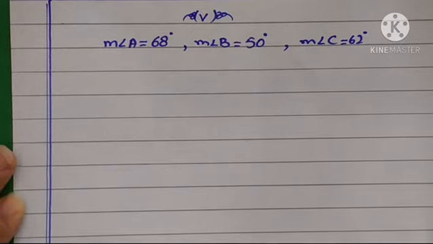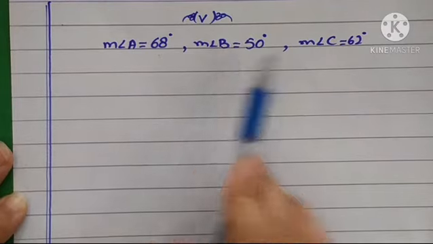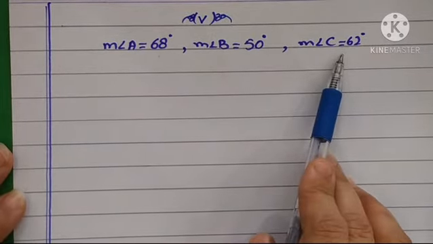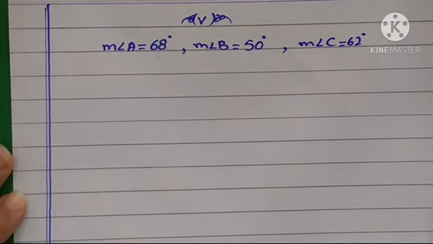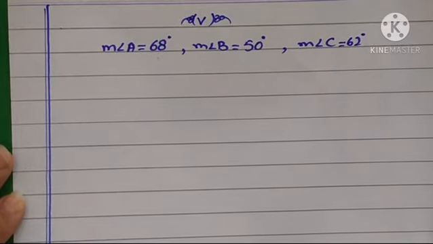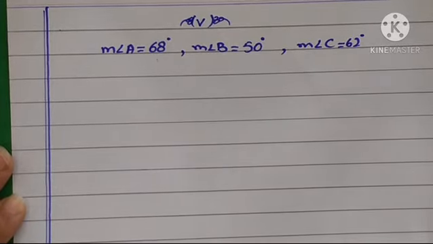Now dear students, the last part of this question is measure of angle A is equal to 68 degree, measure of angle B is equal to 50 degree, and measure of angle C is equal to 62 degree. So we will add all these angles. If we get 180, then we can construct a triangle. Otherwise we cannot construct.